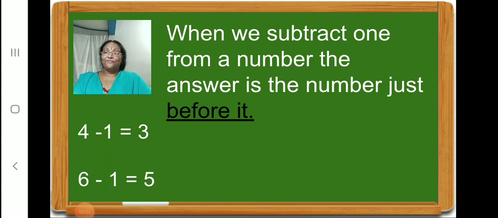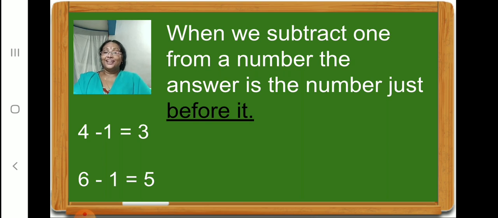Children, when we subtract 1 from a number, the answer is the number just before it. Now children, look at the first sum. 4 minus 1 is equal to 3. Here children, when we subtract 1 from 4, the answer is the number just before it, that is 3.